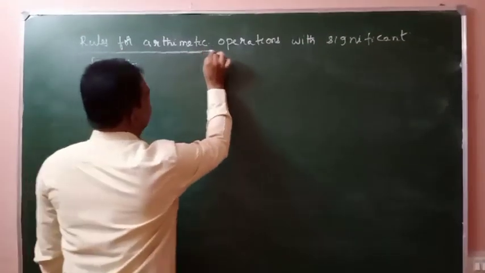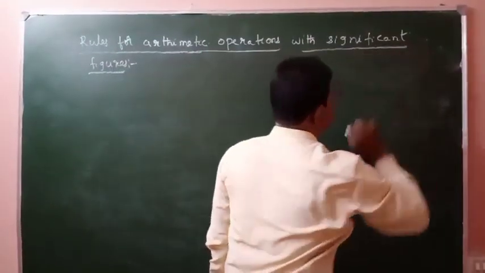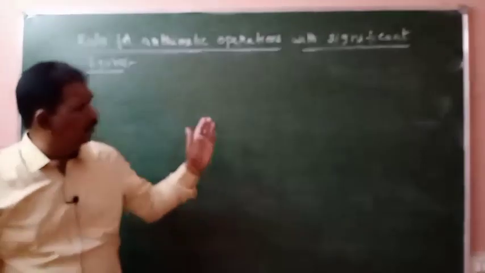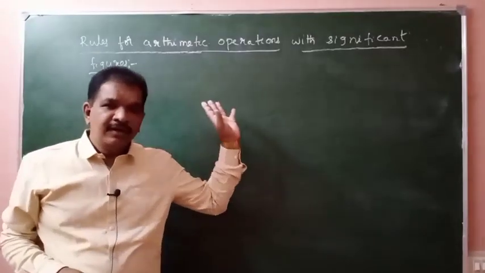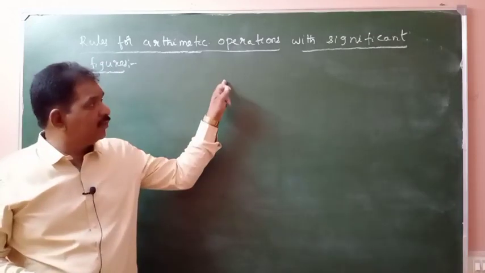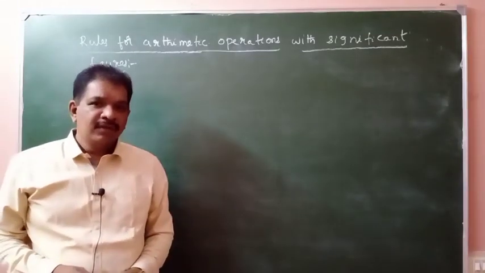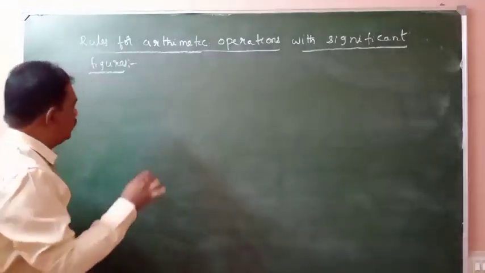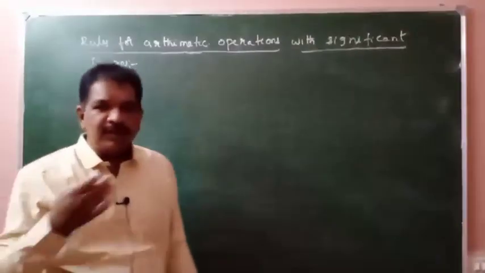Rules for arithmetic operations with significant figures. So simple only, this is important in competitive examinations, NEET, CET. On these rules questions will be there. So 2 rules will be there. First we will explain and we will give the notes.